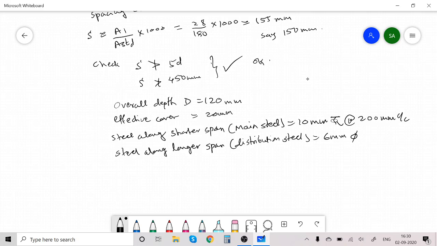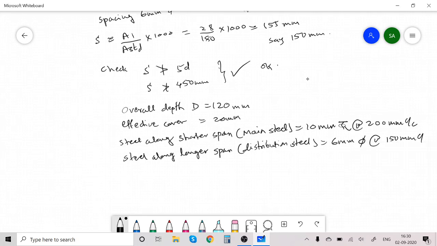See the sign convention, mild steel at 150 mm center to center.